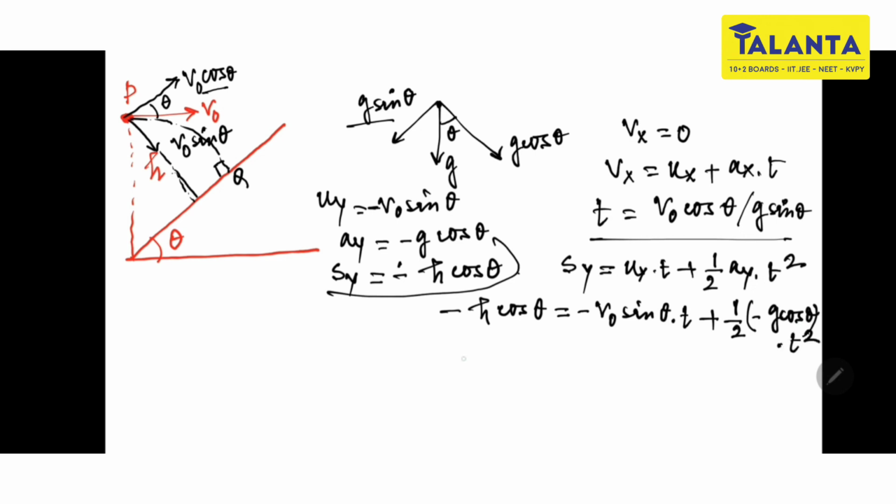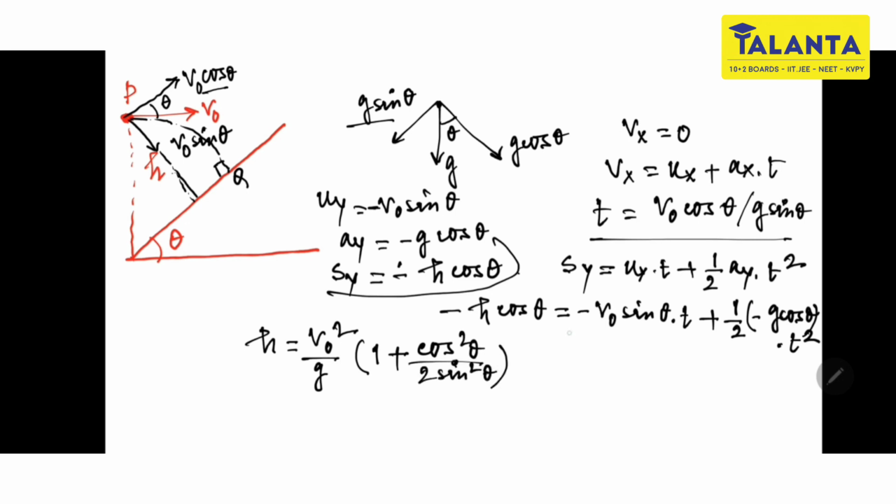Now put the value of t as V0 cos theta by g sin theta in this equation. Then we get the value of h as h equals V0 square by g into 1 plus cos square theta by 2 sine square theta.